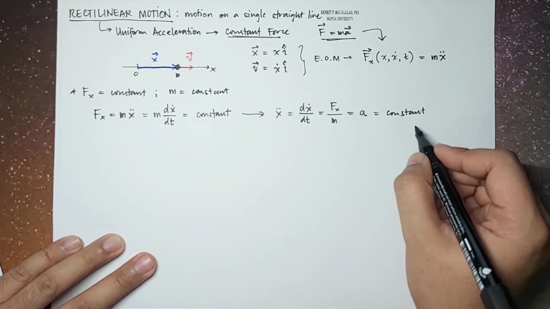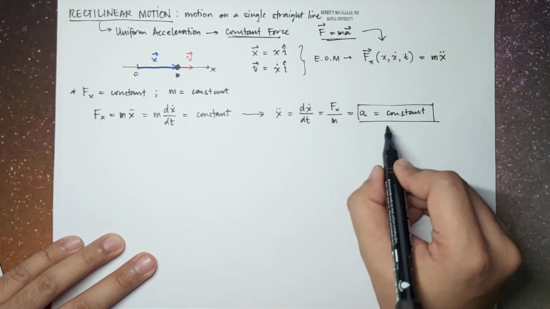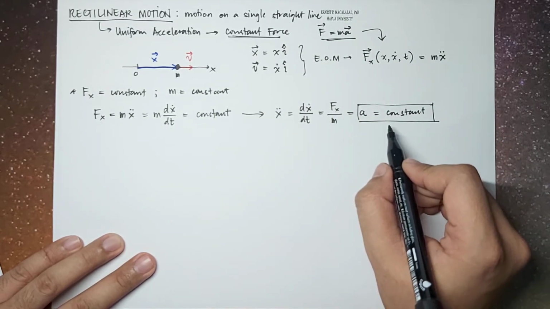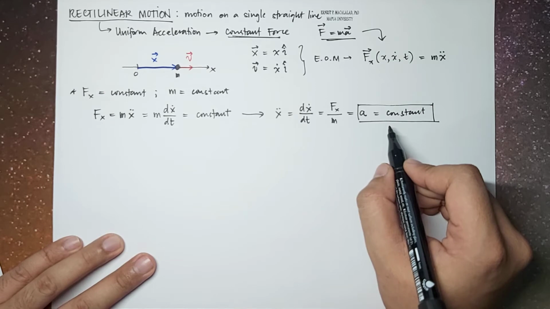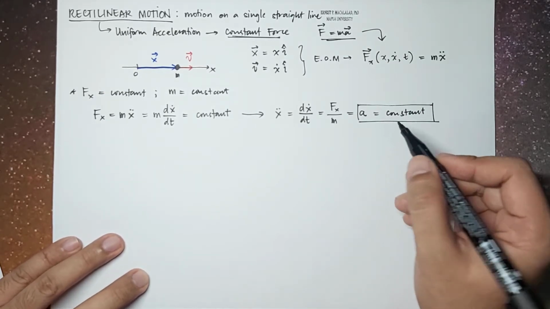Now the important point is that this is an example of an equation of motion. And from here, we can determine other physical quantities such as velocity and position.